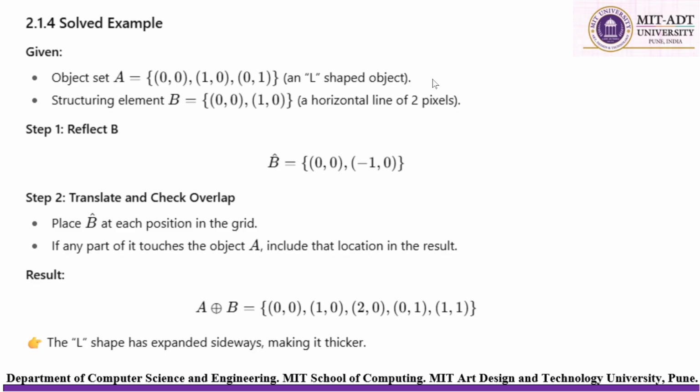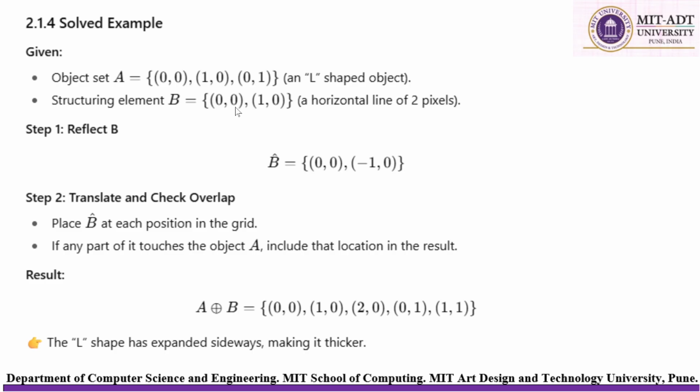So if you draw this image, it is one L-shaped object. You can take a pen and paper and draw a matrix for it, and you can observe it simply represents one L shape.